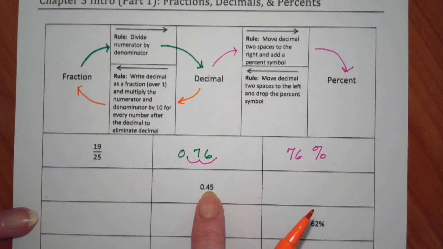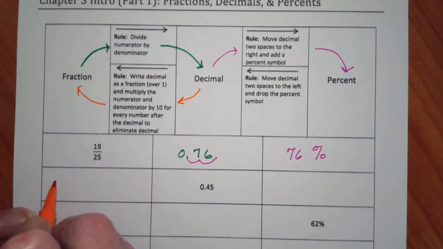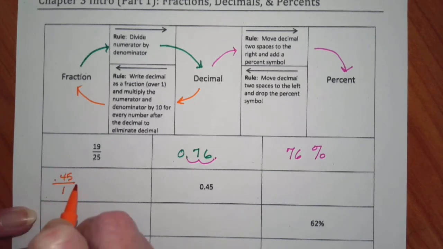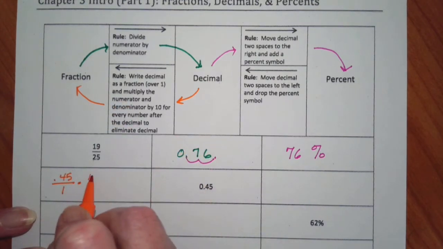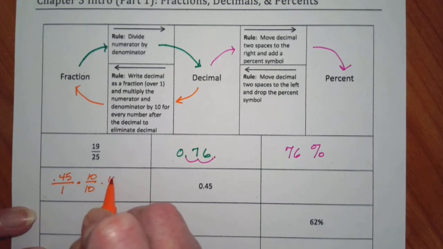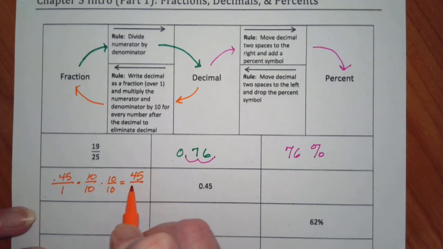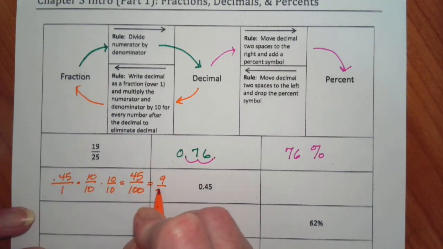So I've got 2 numbers beyond, so I'm going to take 0.45 over 1, and since there are 2 places, I'm going to multiply it by 10 over 10 and by 10 over 10. That gives me 45 over 100, which in your calculator, if you can reduce that, becomes 9 over 20.